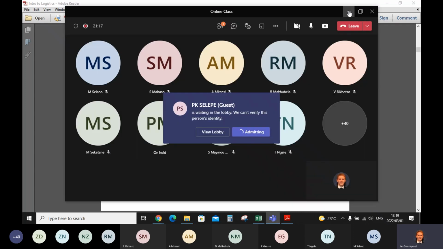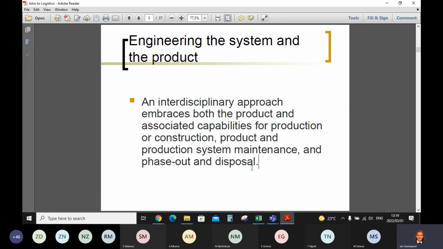I don't know exactly what their strategy is. I'm not an insider to Apple, but they have a good example of how a company incorporates phase out and disposal into their system, right?